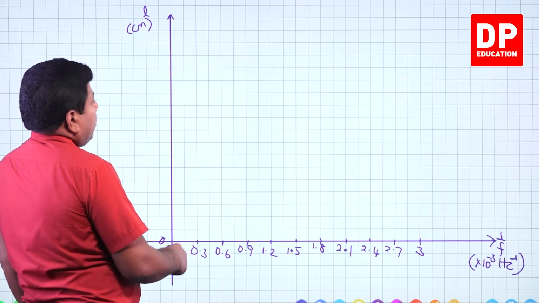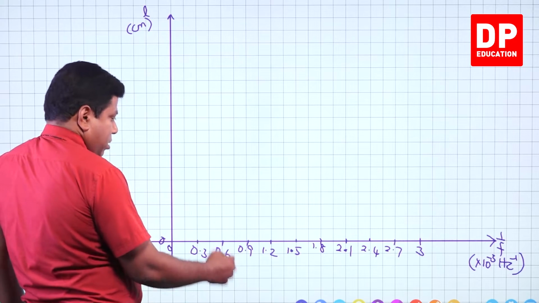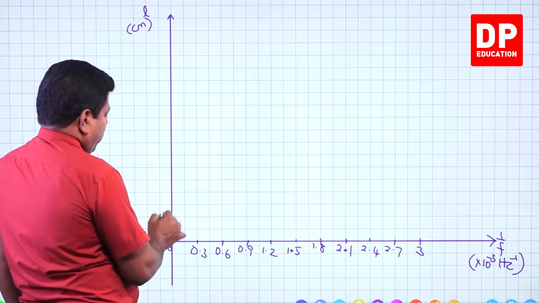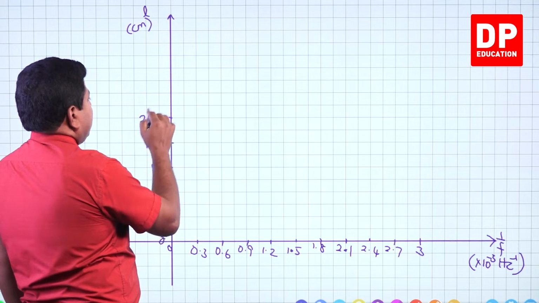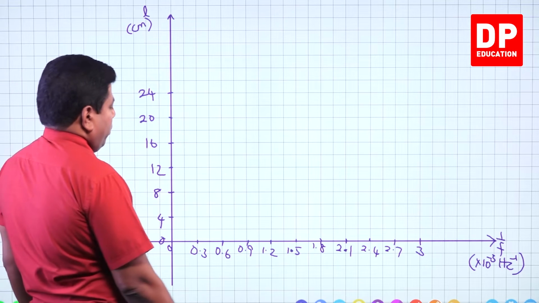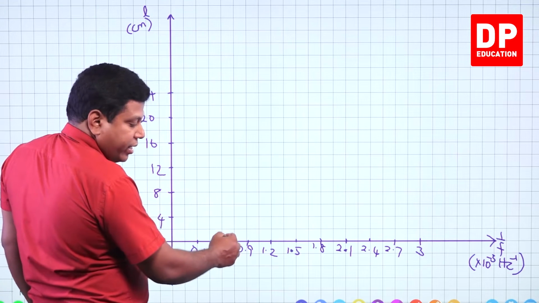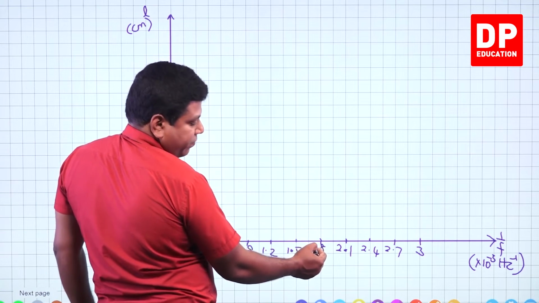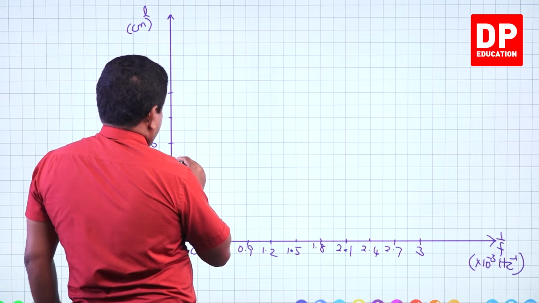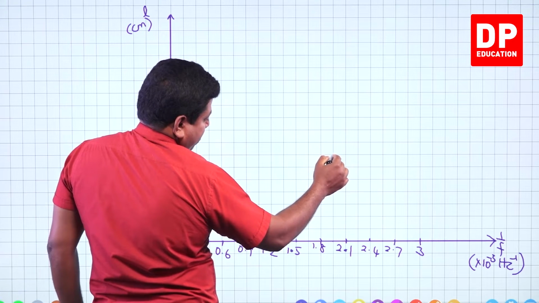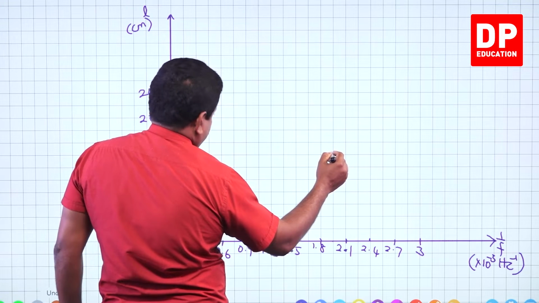23 is in whole numbers, so we have 0.5s also. 1 by 1 we can't take it, we will take 2 by 2: 4, 8, 12, 16, 20, 24. First point is 14.5 at 1.95. 1.95 is this line, and 14.5 is here.